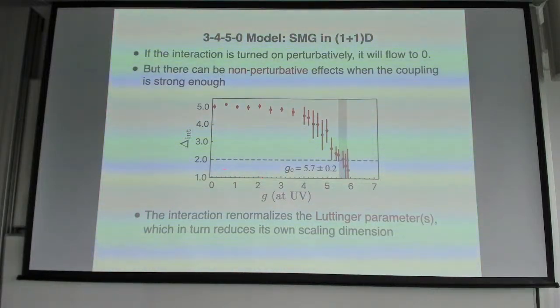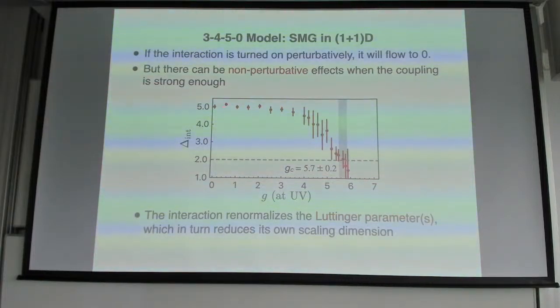The horizontal axis is the coupling constant at the UV level. By UV, we mean starting from the free fermion fixed point and turning on this interaction. As this interaction gets larger, the scaling dimension of the interaction term itself changes, because the underlying Luttinger parameter is secretly being renormalized.